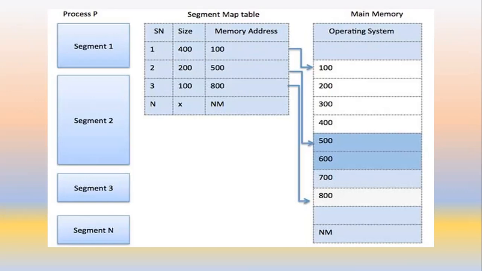For example, from the segment map table, we can see that segment 1 is of size 400 and its memory address is 100.